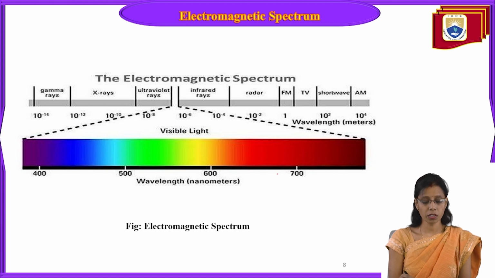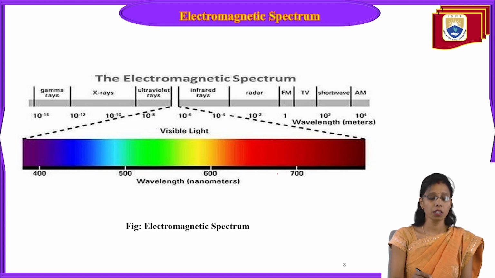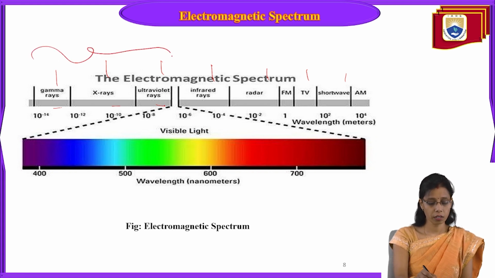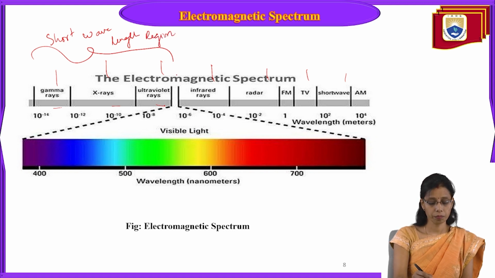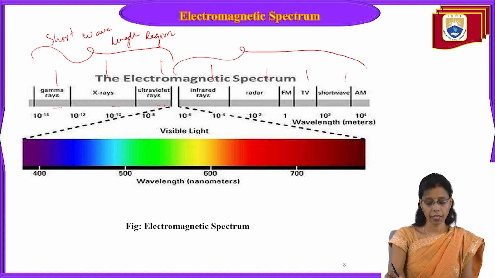This image shows the electromagnetic spectrum. Now see, here we have different regions. This is one region, 2, 3, here, right? This region from gamma rays, X-rays, to ultraviolet rays, from here to here, we call the short wavelength region, and from visible to radio waves we call the long wavelength region.